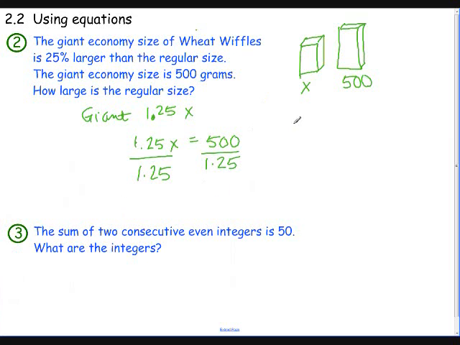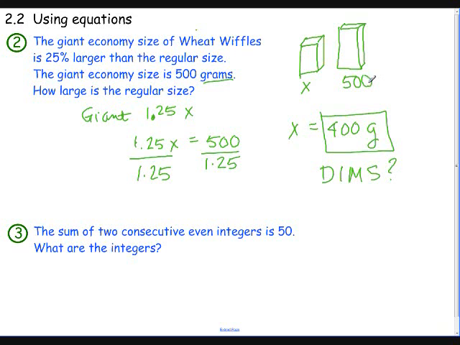So I get my regular size is equal to 400, and I should pay attention to the units, grams. Does it make sense? Well, if this is 500 and it's 25% larger than this, it does make sense.